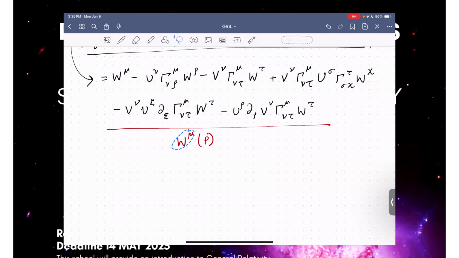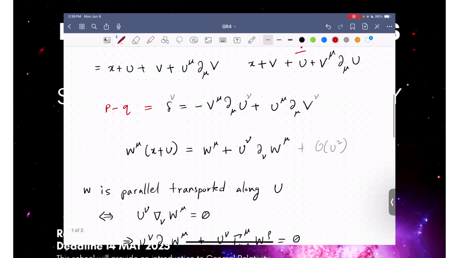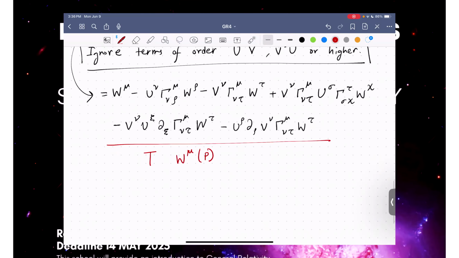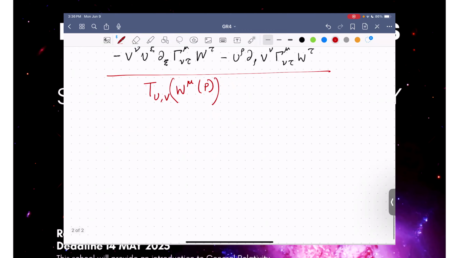So let me introduce a different notation. Let me use T for transport. So we transported first along U and then V. Okay. So I'm going to call this U and then V. All right. And now we need to compute, let's say, first V and then U, W mu.